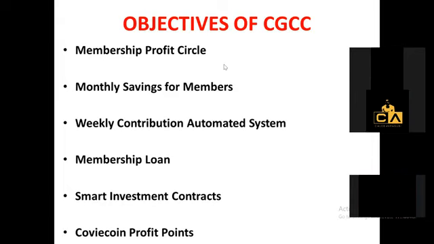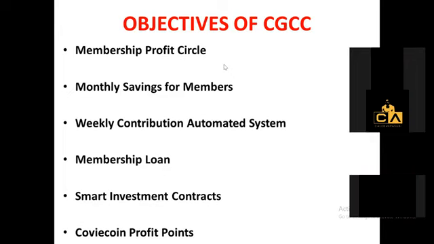It can be as little as $10, $50, $100, but you have to be consistent. One of the benefits of being consistent in saving is that it helps you save money over the months, and at the end of your savings plan you realize that you've saved a good amount of money.